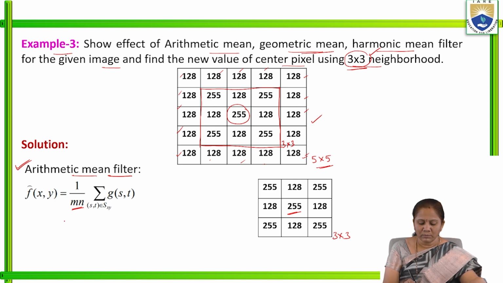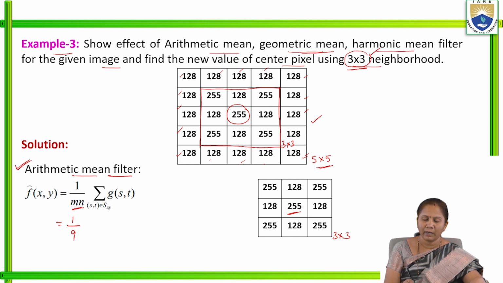So now if we apply this arithmetic mean filter, 1 by 9, because it is mn, m is 3 and n is also 3. So 9 pixels totally, into summation for all the coefficients.